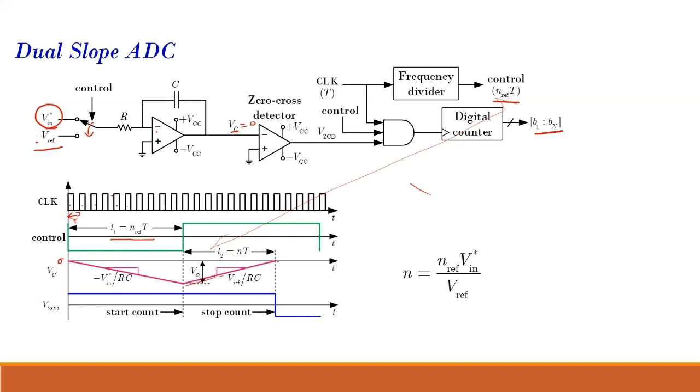That's why, even though Vin is positive, we are writing minus Vin by RC. Because this sign is applied to the inverting terminal of the op-amp, that is why VC is reducing. And then if I apply a negative voltage to this inverting terminal, then it starts increasing.